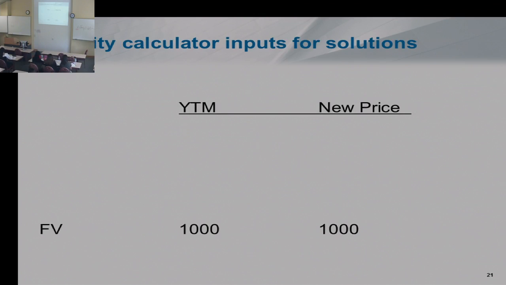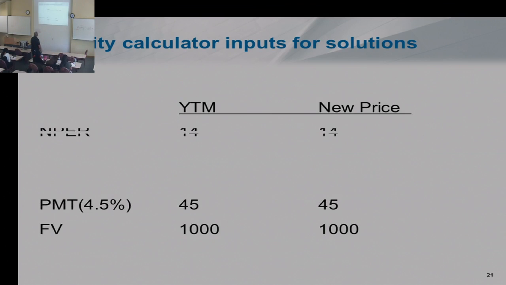So just looking at the yield to maturity for the moment, the face value is $1,000. The payment is $45. The number of periods you said was 14. The present value is 1080.55. Solve for yield.